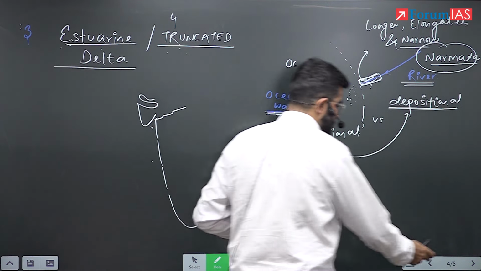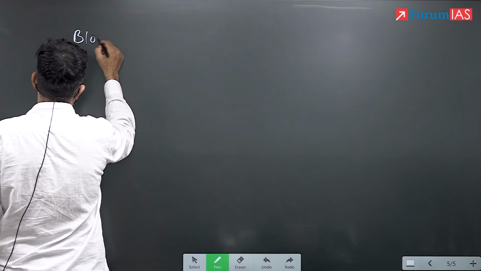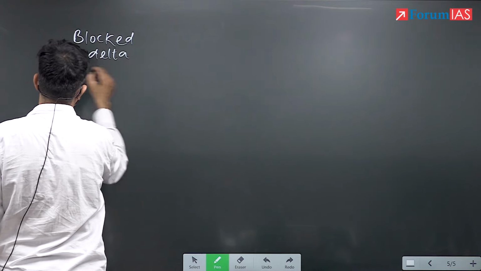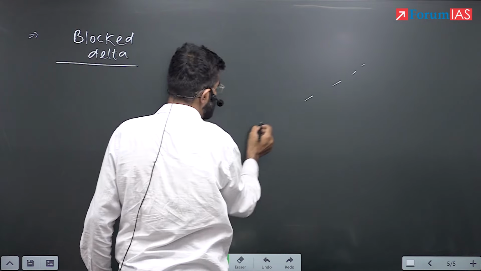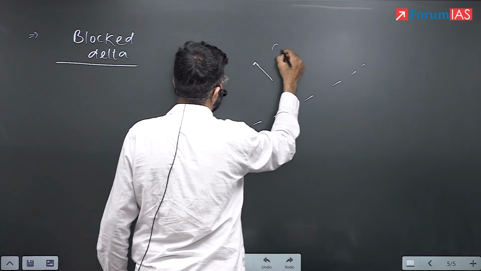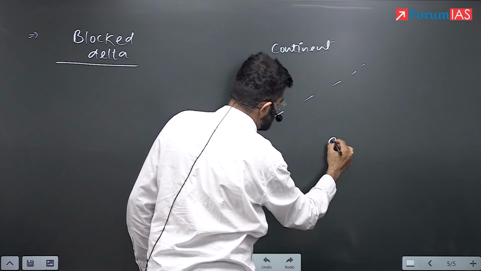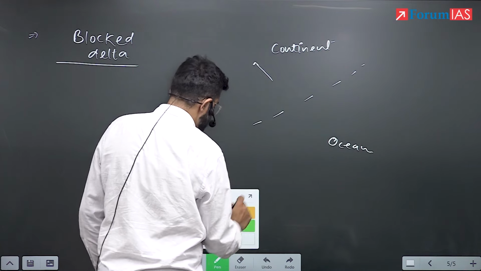The fifth delta now is known as blocked delta. Now what happens is, let's say this is the boundary. This side we have the continent, and the second side of this dotted line is ocean. Now often you will see any river which brings sediments.